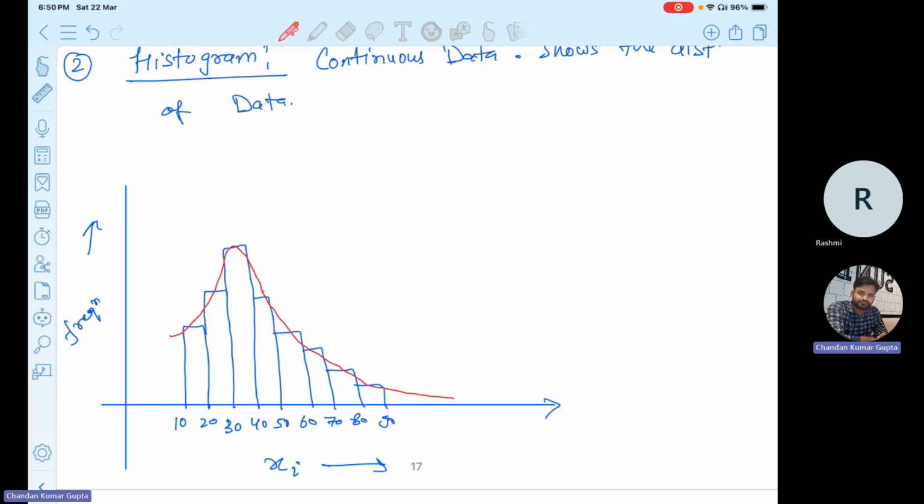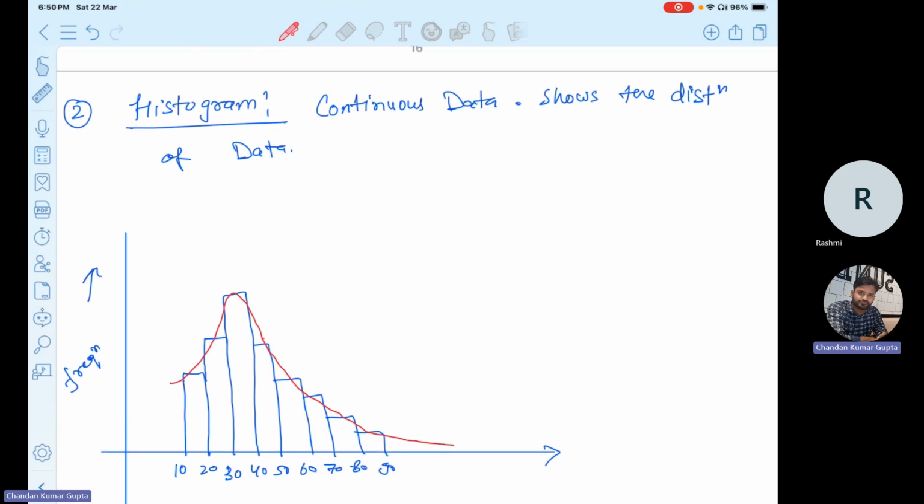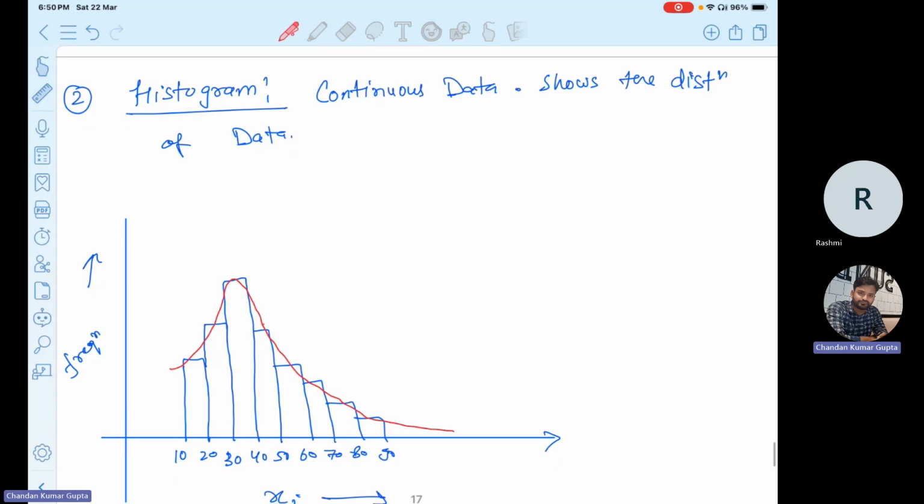If we define on the basis of position, then we will find that most of the data lie within the first half. So this implies this is actually positively skewed data. That means it gives us the distribution of data, how the data is distributed: either positively skewed, negatively skewed, or maybe symmetrical in nature. This can be found out with the help of the histogram.